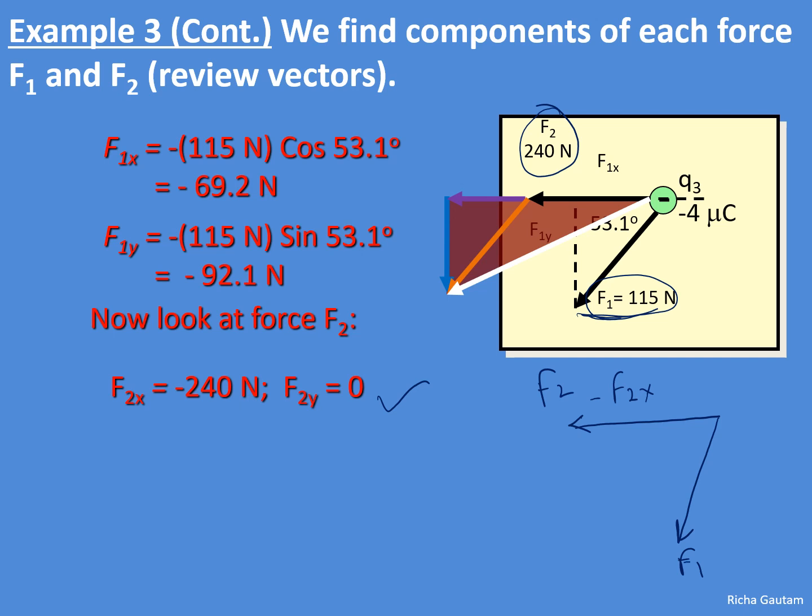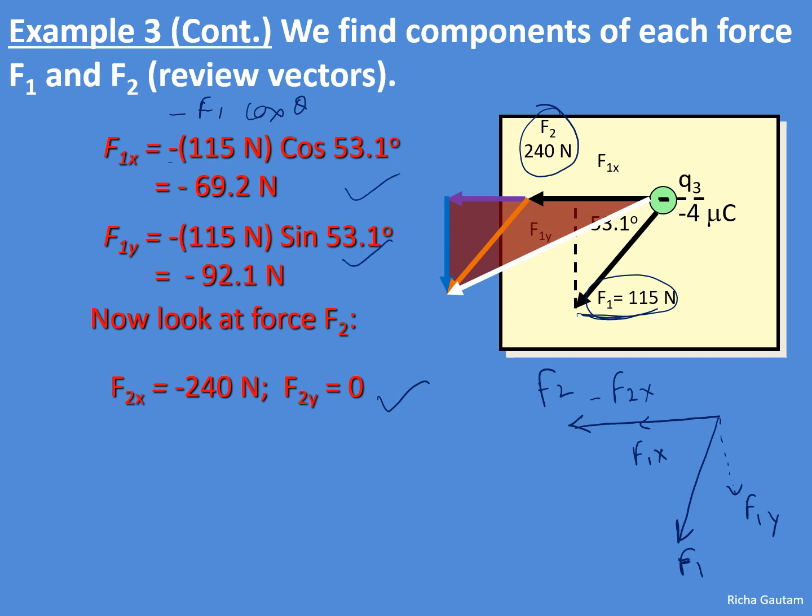Now the F1 vector will have an F1y and some F1x component. F1x is again on the negative x-axis, so we get a negative for this. This is how we find it: F1x is negative F1 cosine theta, and F1y is negative F1 sine theta.